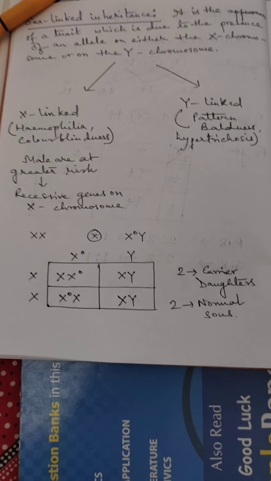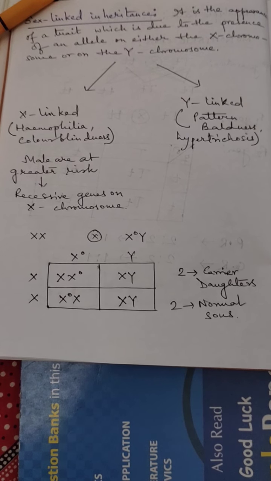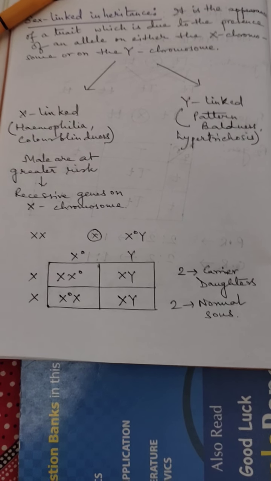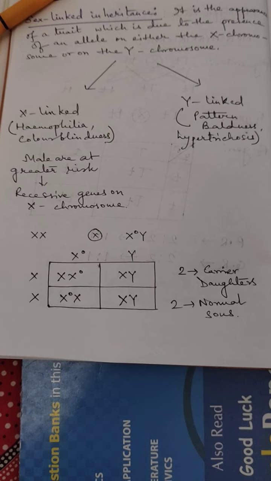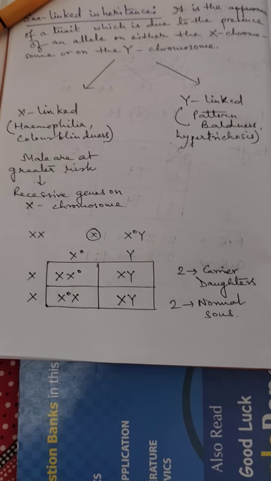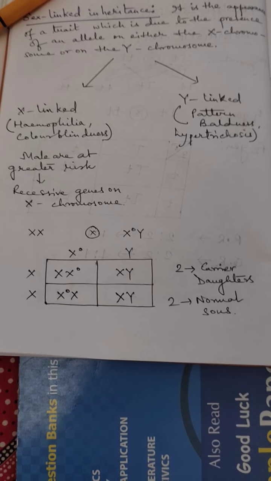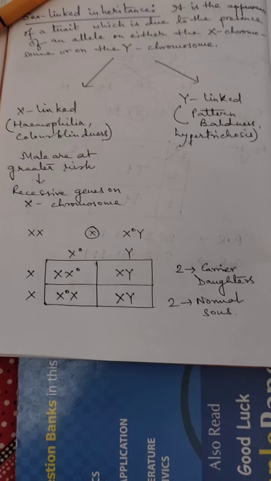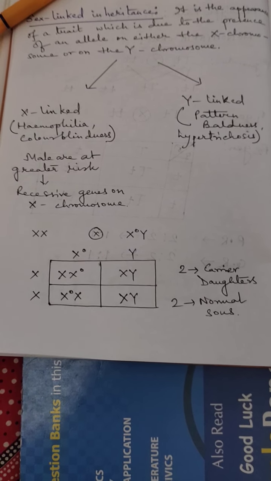So when we are crossing these two, again we are doing a Punnett square and we are segregating the genes. On one axis I have segregated X° Y, and on the other I have segregated XX, and we have again multiplied, and we are getting in the offspring 2 carrier daughters and 2 normal sons, because just now I have told you that only males can carry these genes.